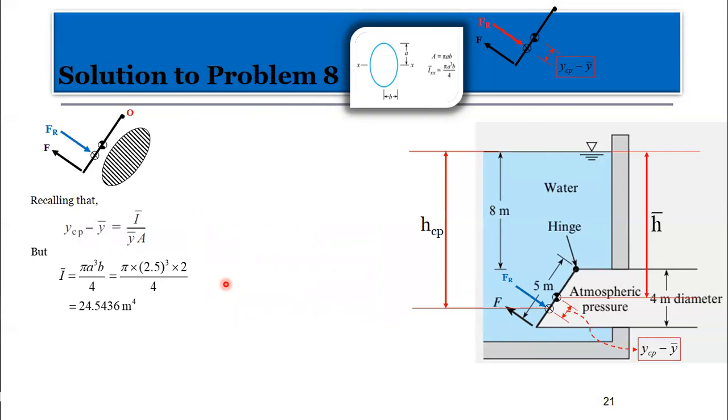So with this value, we now have to look at the Y bar. How do you compute Y bar? We know H bar, so that one is not a big deal at all. So let's see the diagram below. Now remember, Y bar is the slanted distance, right? Slanted distance.